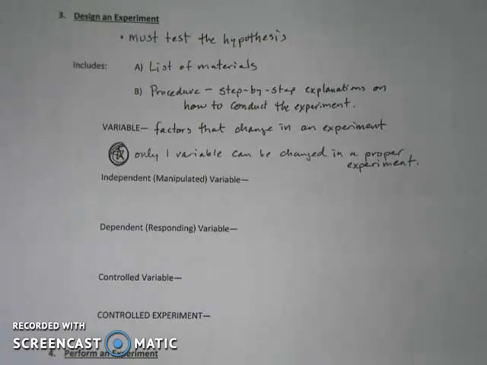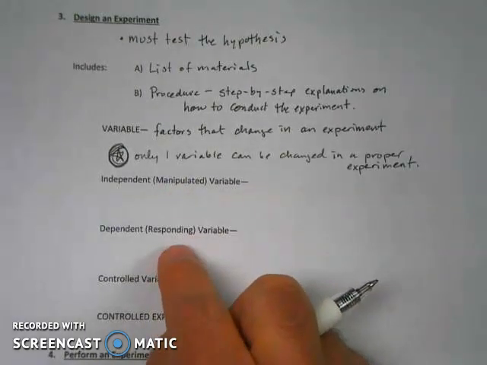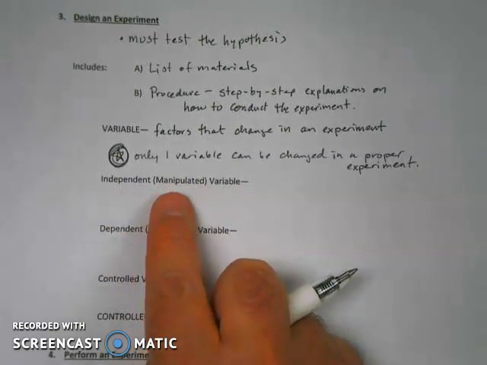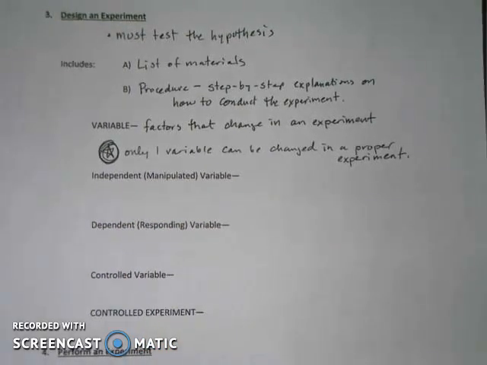So whenever we talk about variables, we are going to have an independent and a dependent variable, one that is changed and one that's resulting. So you'll see that I have these words here, manipulated and responding. So if you can associate independent with manipulated and dependent with responding, that can help explain it.